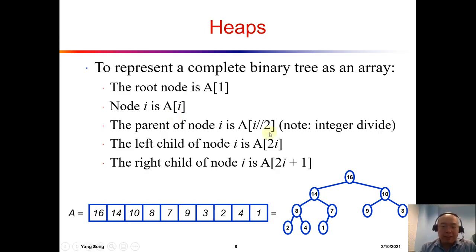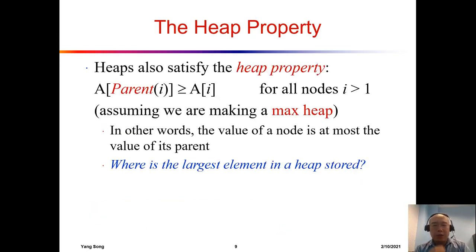The parent is A[floor(i/2)], the integer or floor division. And the 2 possible children of i are at index 2i and 2i+1. So if you have i, then i floor divided by 2 gives the parent, and the 2 children will be 2i and 2i+1. So this is a cool structure.